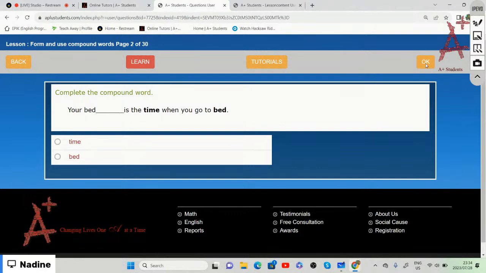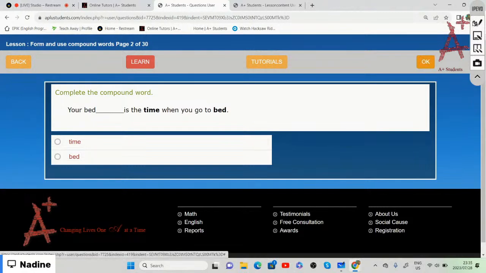Your bed is the time when you go to bed. So your bed, what? Is it your bedtime or your bed? Is the time you go to bed. And if we look at the two words in bold, it is time plus bed, right?